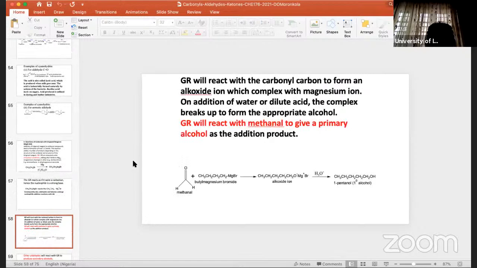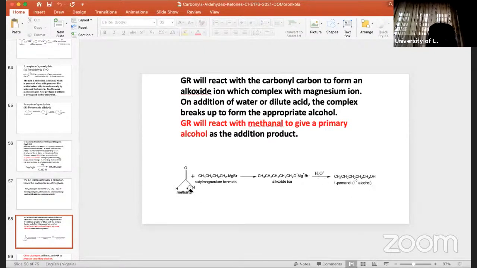Let's see a few examples. When the simplest aldehyde, which is methanal, reacts with any Grignard reagent, it finally gives a primary alcohol. Please take note of it. Though I'm giving you a specific example, anytime methanal reacts with Grignard reagents, it results in a primary alcohol.